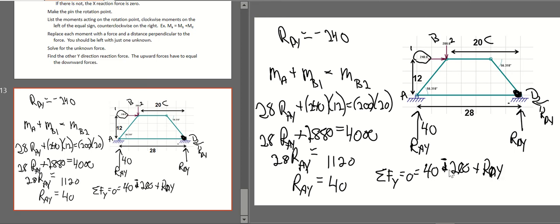So 40 minus 200 would give me a minus 160 plus RDY. Bring that to the other side, and RDY is going to be equal to 160. And think about it. 40 plus 160 going up balances out my 200 going down. Okay, that was a lot of work. I hope you got it.